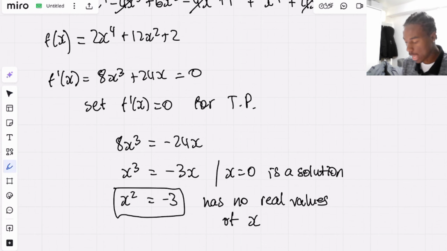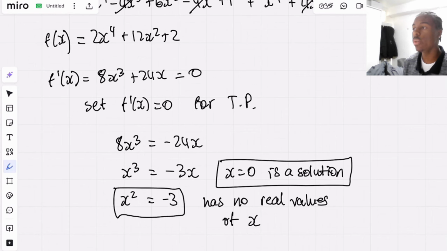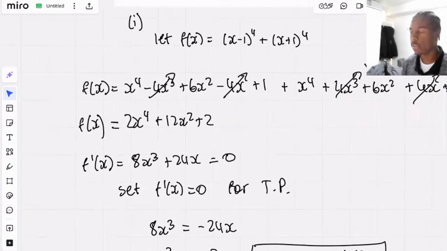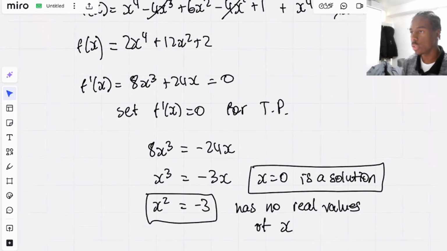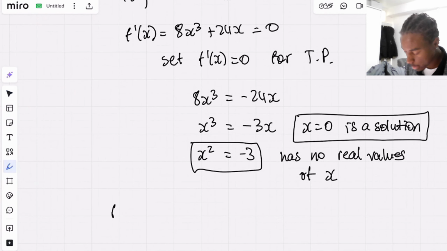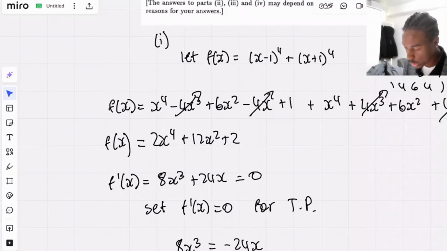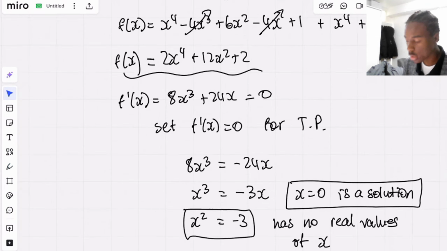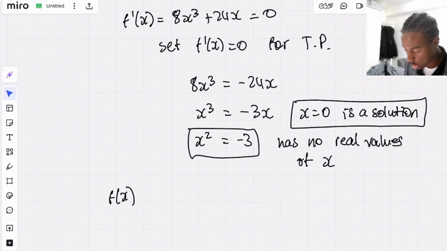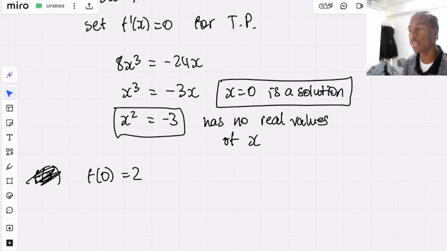That means that x equals 0 is the only turning point of our function f of x. So let's find f of 0. So remember, f of x was this thing up here. So f of 0 is simply going to be 2.